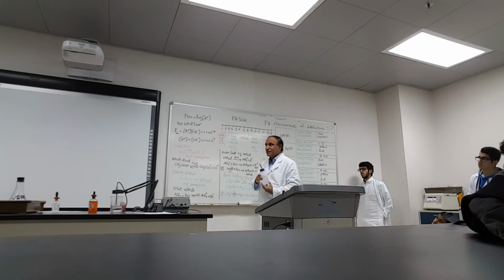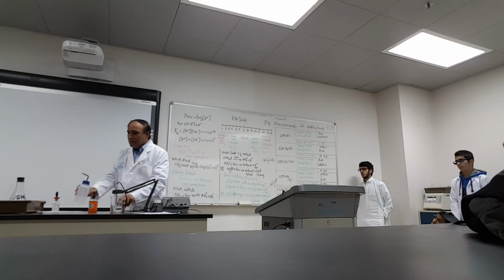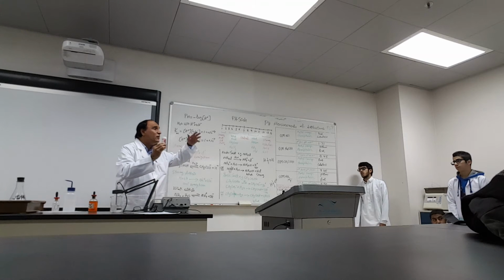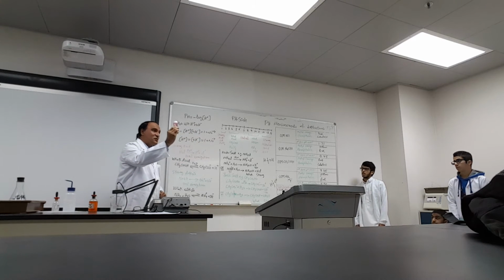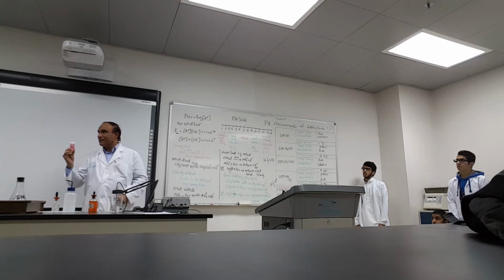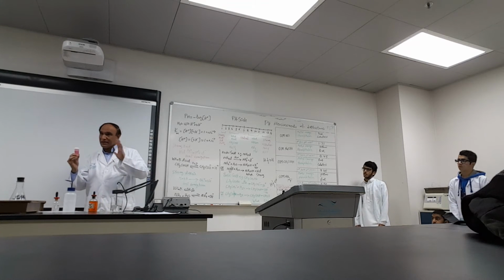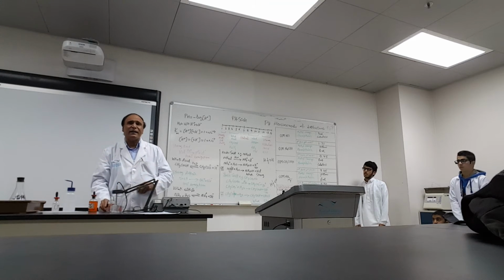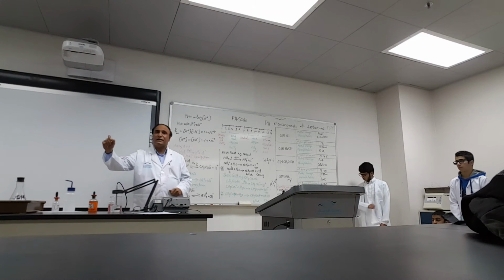But in the buffer solution, if I put so many drops of acid or so many drops of base, its pH will not change. So this is called the buffer solution. Did you understand? Yes. So buffers are extremely important things.